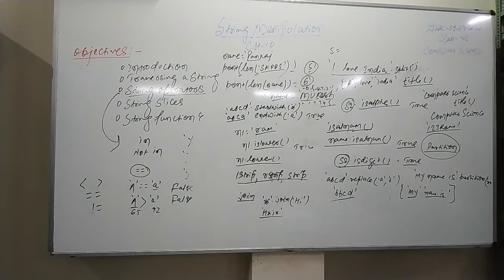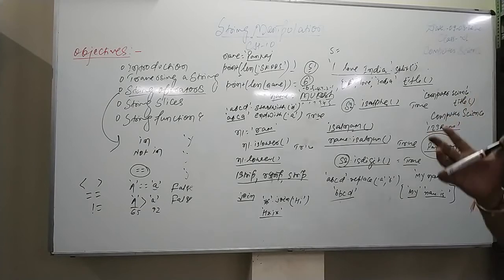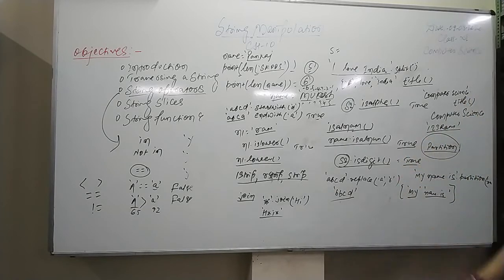That's all. If I recap all the functions, the len function, I hope it's very clear. It finds the length of a string, that you all know. The capitalize method simply makes the first character of the string capital, the rest will be small. And the count method simply counts the occurrence of a particular character in that string.